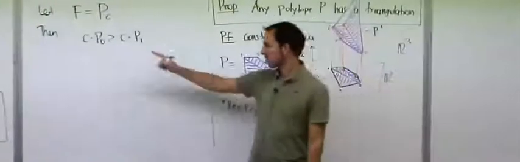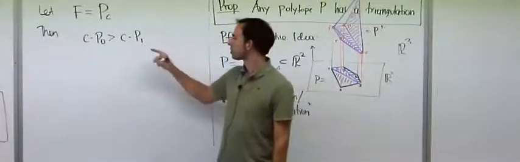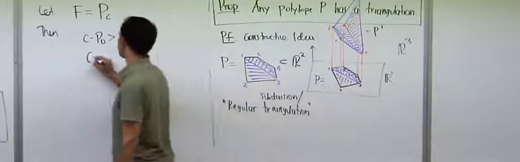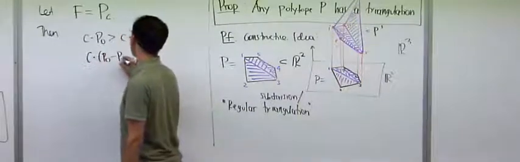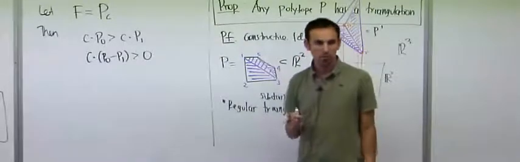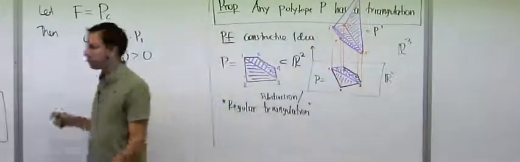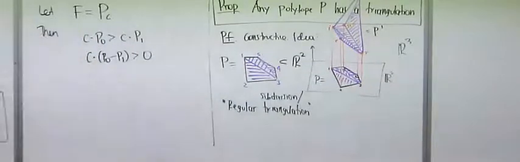Right? Because P0 is in the maximal face and P1 is not in the maximal face. So that means that C dot P0 minus P1 is positive. But now if you look at the vector P0 minus P1, you'll notice that that is a vector in the vertical direction. In other words, its coordinates are 0, 0, 0, 0, 0, minus something.